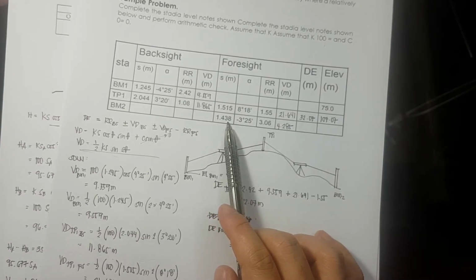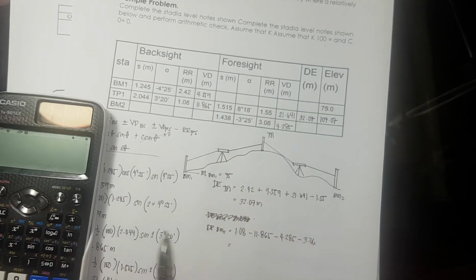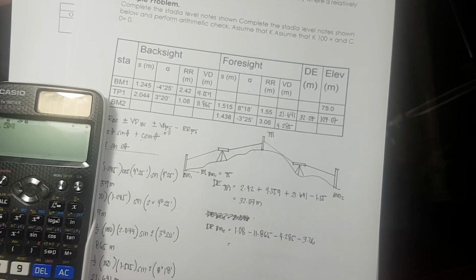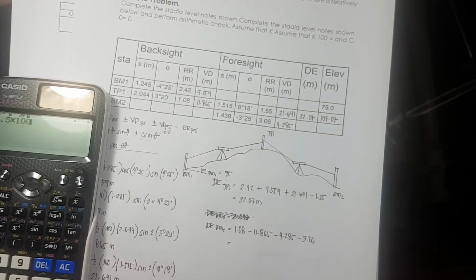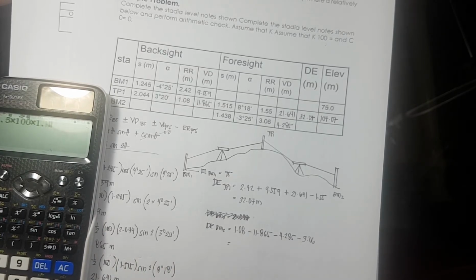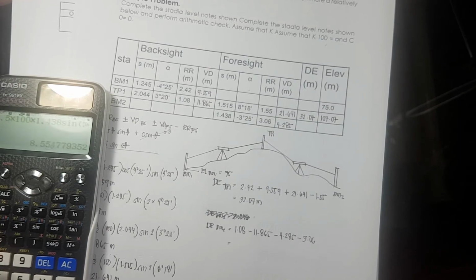That is equivalent to 1.438 sine. So, baka mali yung calculation natin. 0.5 times 100 times 1.438 sine 2 times 3 degrees 25 minutes.